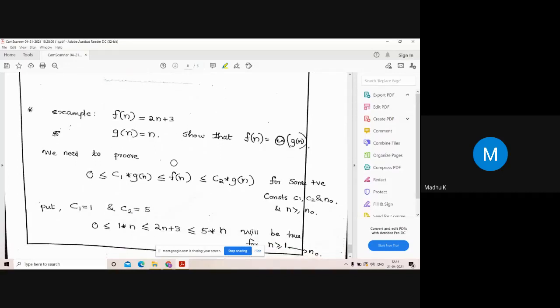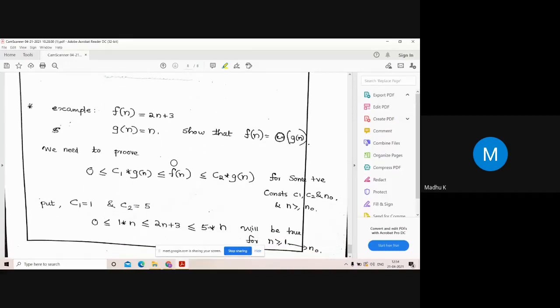Similarly, we are trying to prove this. So we are taking f of n equal to 2n plus 3, then g of n equal to n. Show that f of n is equal to theta of g of n. So we need to prove this condition. We are taking very simple examples to understand the concept.